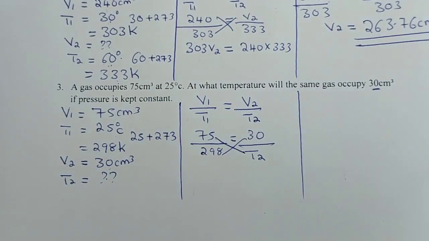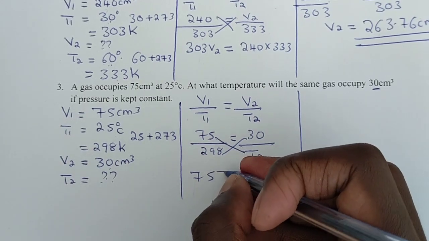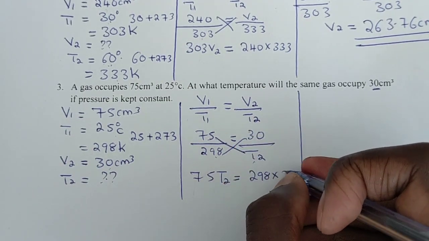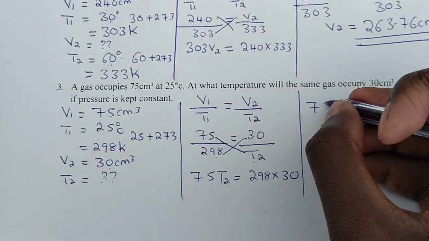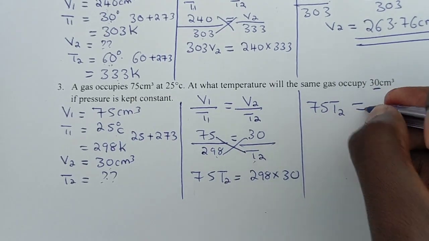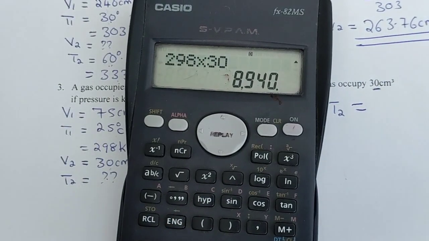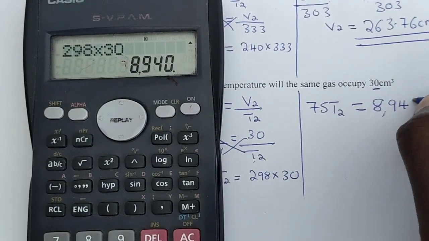So from here we cross multiply. 75 times T2. We have 75 T2 equal to 298 times 30, which is 8,940.